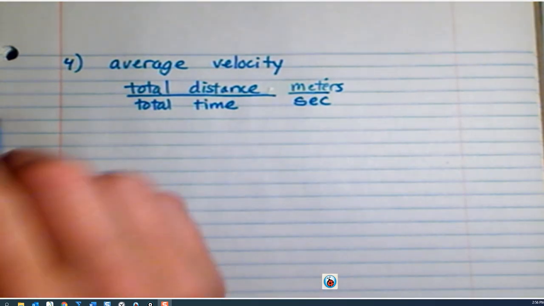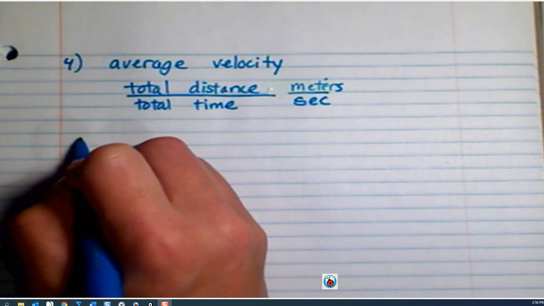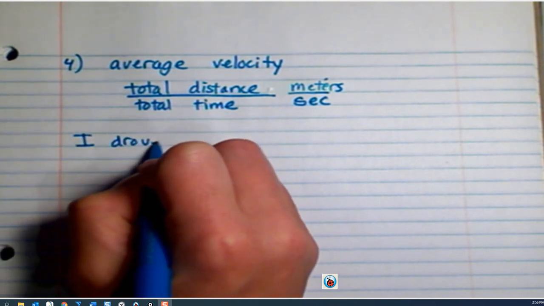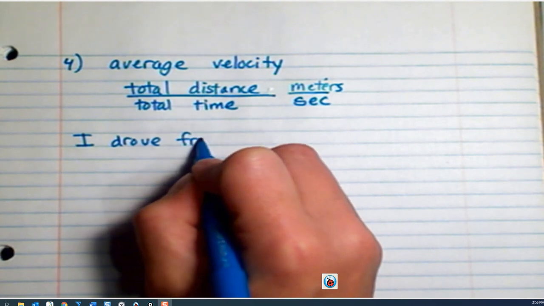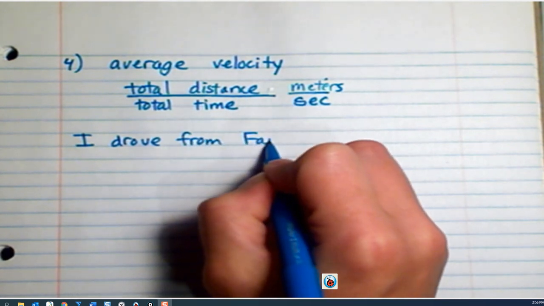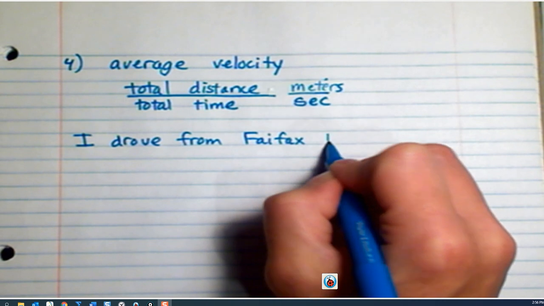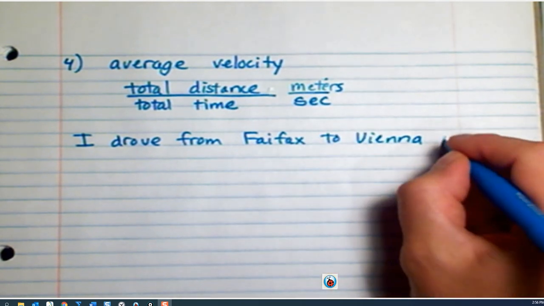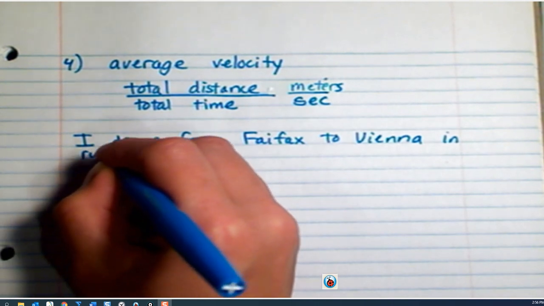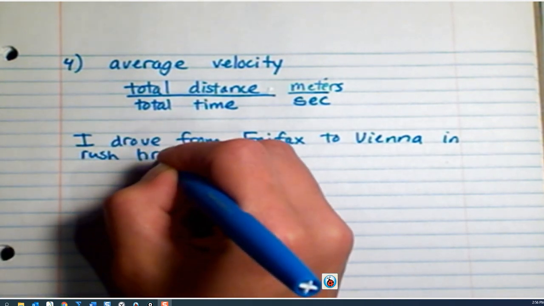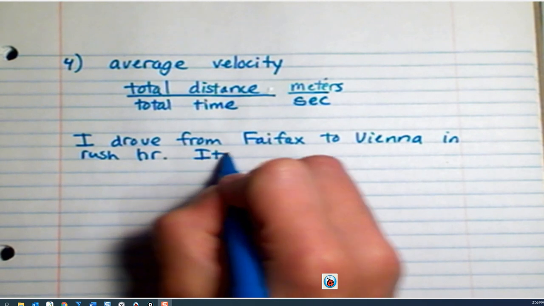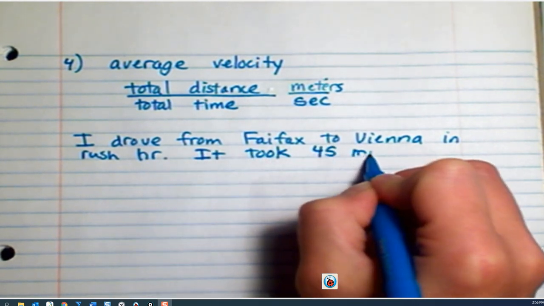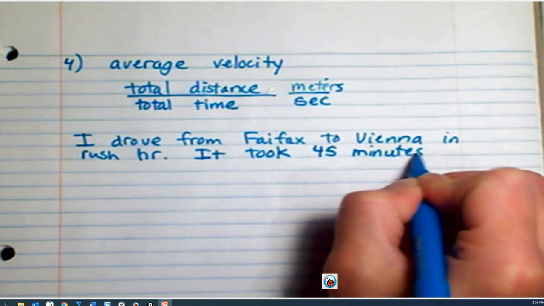For example, let's do words first. I drove from Fairfax to Vienna in rush hour. Yeah, terrible idea. Right? It took 45 minutes. Okay?